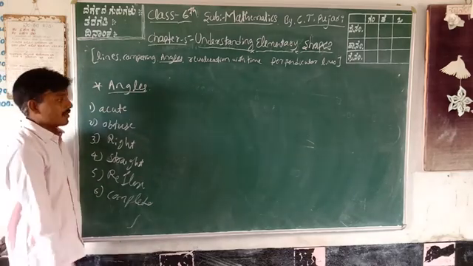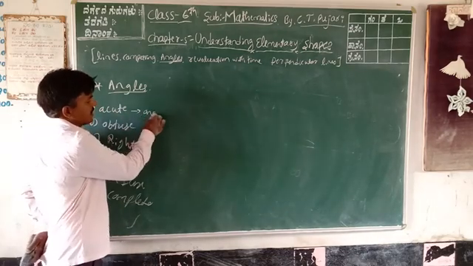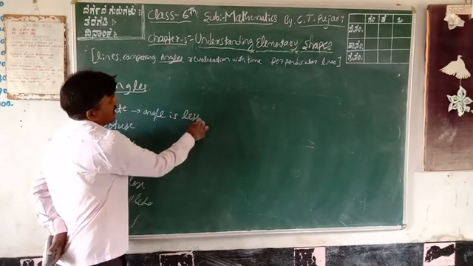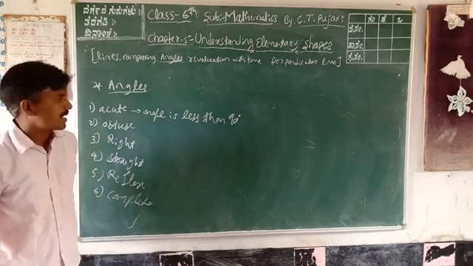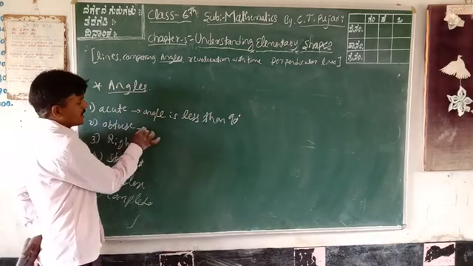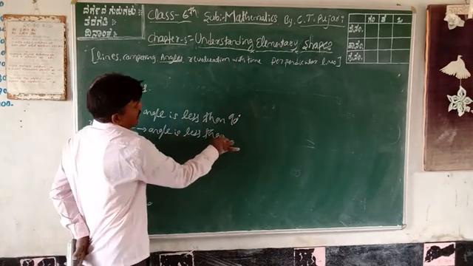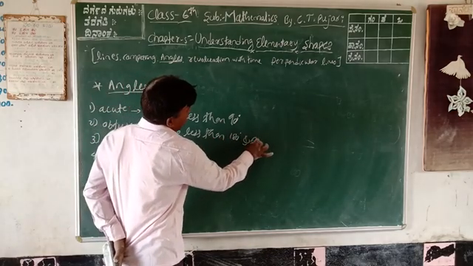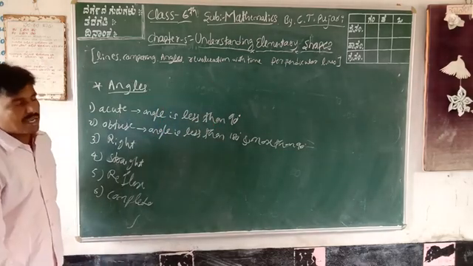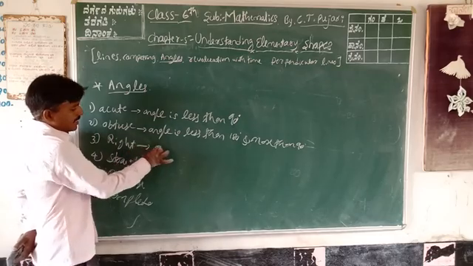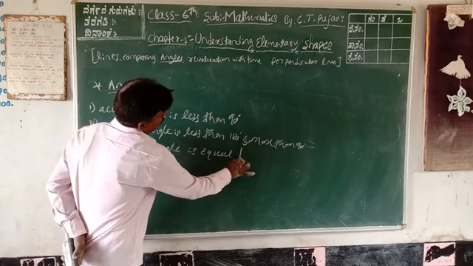Dear students, an acute angle is an angle less than 90 degrees. An obtuse angle is more than 90 degrees and less than 180 degrees. A right angle is equal to 90 degrees.